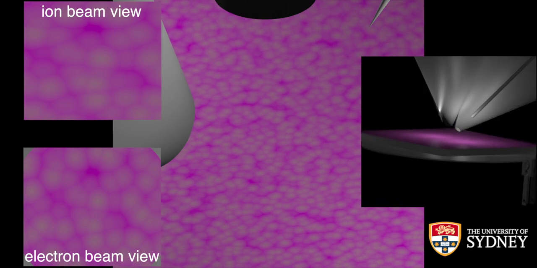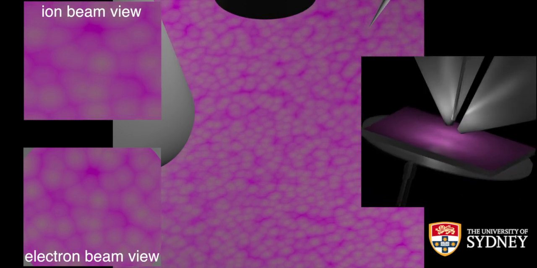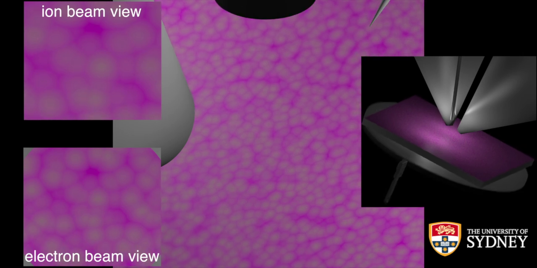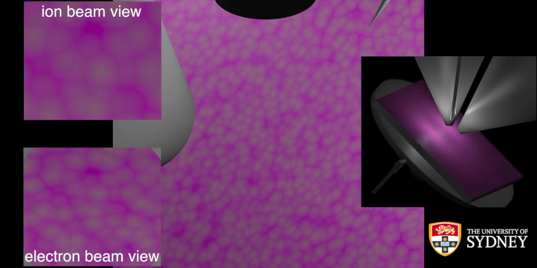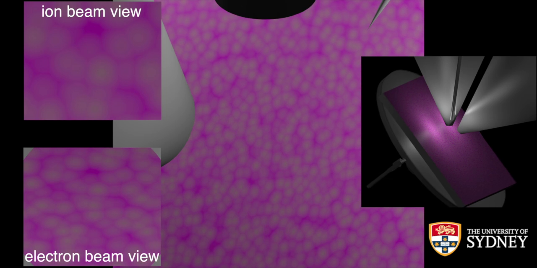All right, first thing you need to do is tilt the stage towards the ion beam so that the surface of your thin film is perpendicular to your ion beam. This is a stage tilt of 52 degrees on the FEI instruments and 54 degrees on the Zeiss instruments. This will then allow us to get going with the first cuts.